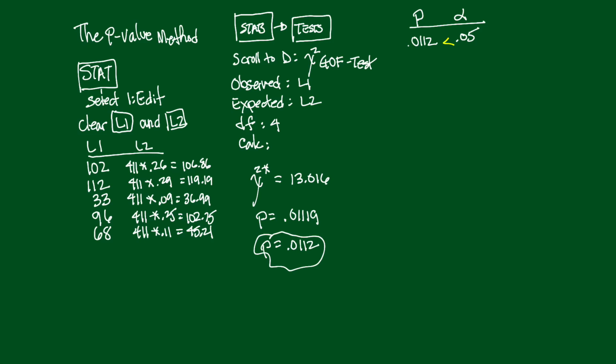If it's less than, I think small, a small probability. If it's a small probability, then it's an unlikely event. But I'm seeing it, and I don't believe I typically see things that are unlikely. So I'm seeing an unlikely event, so I'm going to reject H naught.